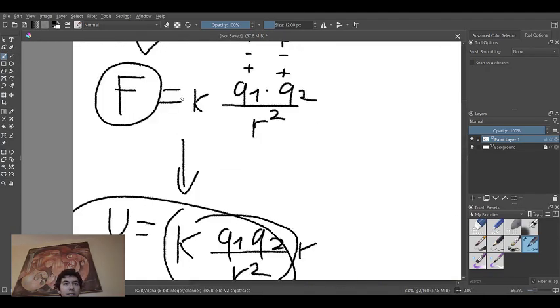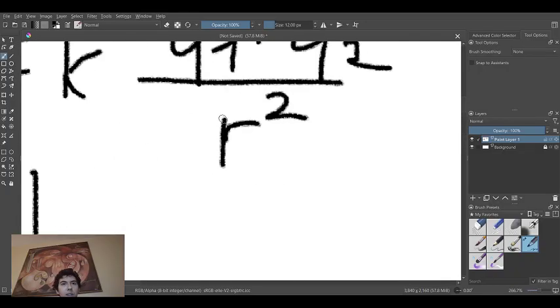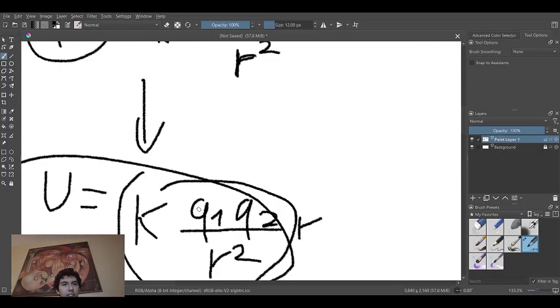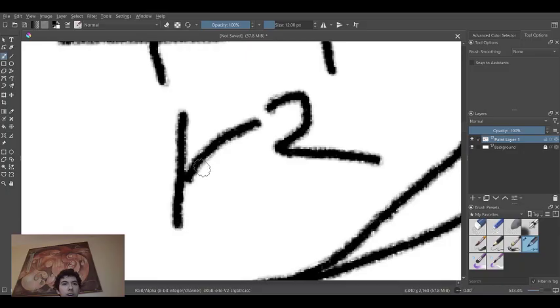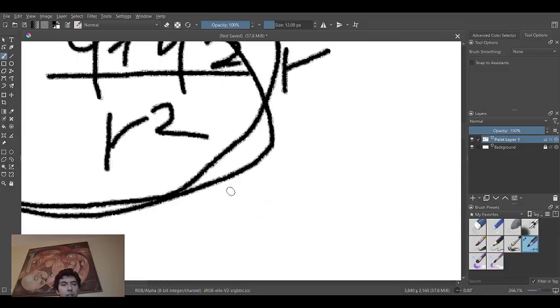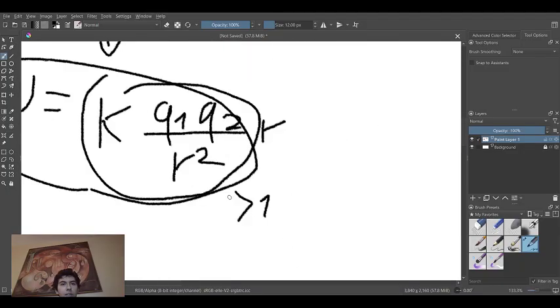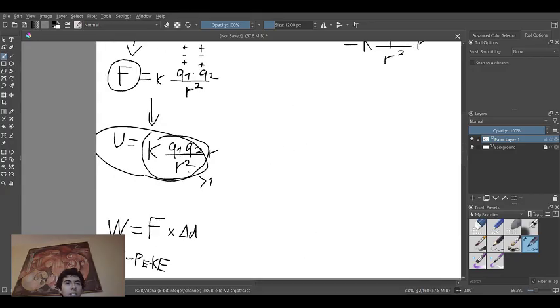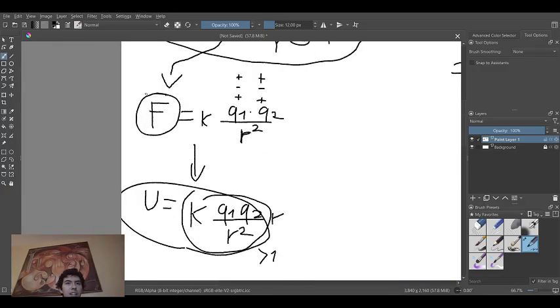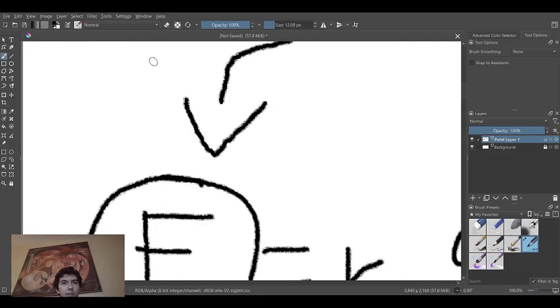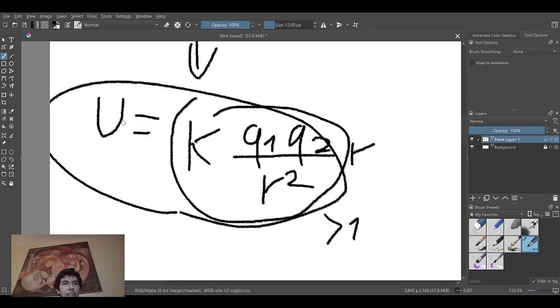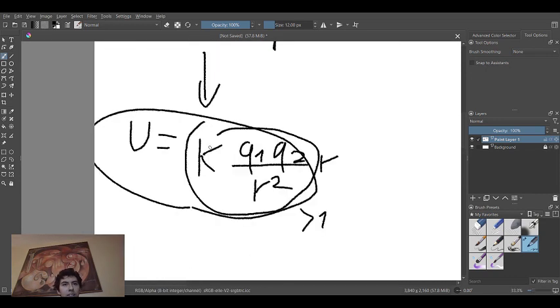And because this is a function of r squared, if r squared gets tinier and gets below 1, the force would actually be increasing. So it would be way bigger, and it would be way more difficult to make them connect if they are both positive, of course. And that is why U equals K Q Q R squared R.